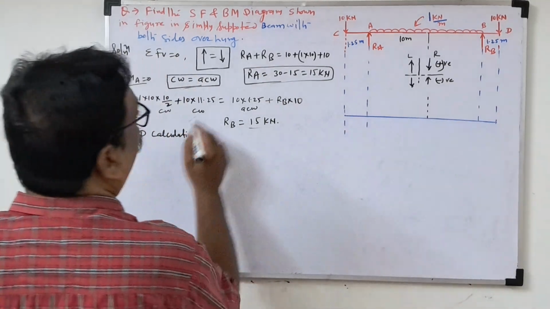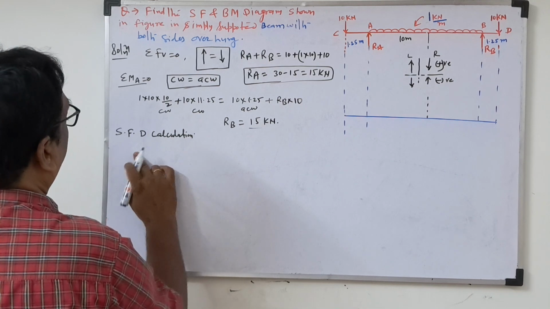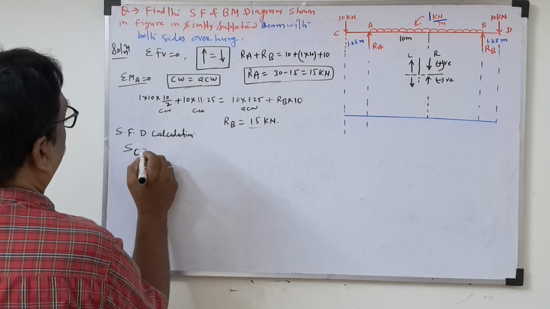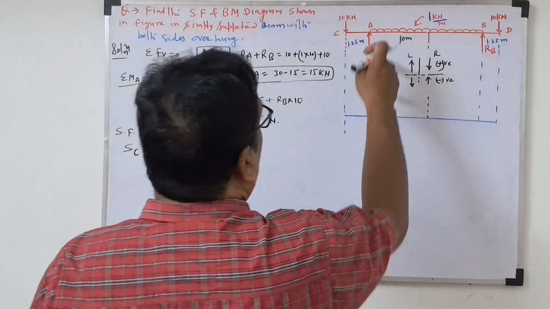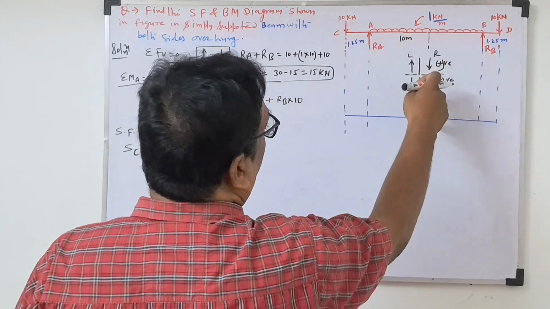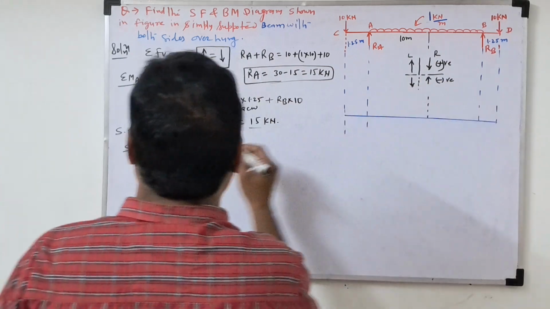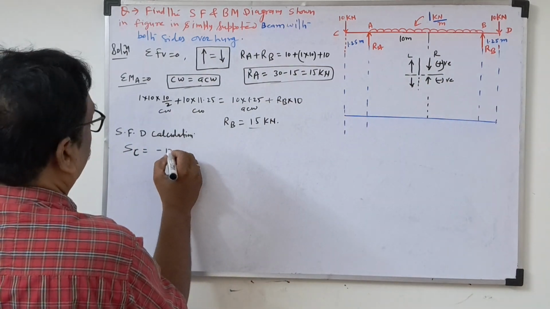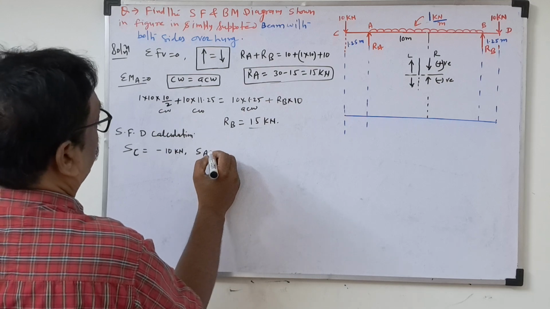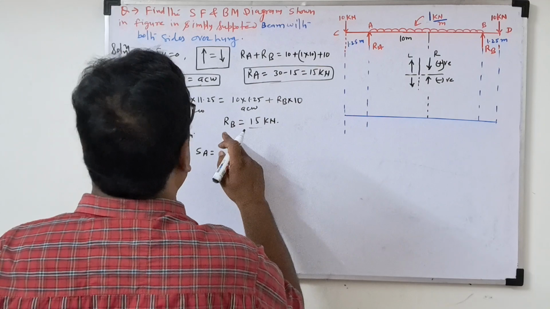Now look here, shear force at C. I am taking the symbol S, so SC. In SC, what is the shear force? On the left side, downward force is negative, so minus 10 kilonewton. Now SA: minus 10 plus 15.